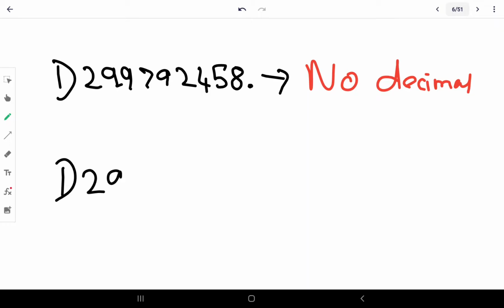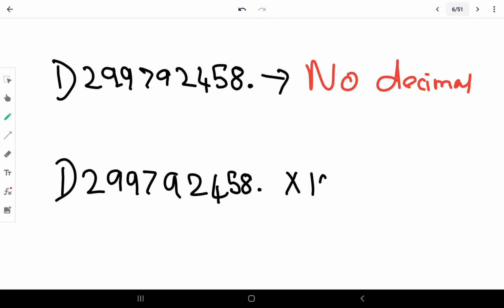So it would be 299792458, and here is the dot, times 10 raised to how many places the dot jumps. For example, if it jumps over here, it would be 1, and like that we keep increasing. Now, the dot should be here, because that's how we write numbers in standard form. So 1 digit, 2, 3, 4, 5, 6, 7, 8.